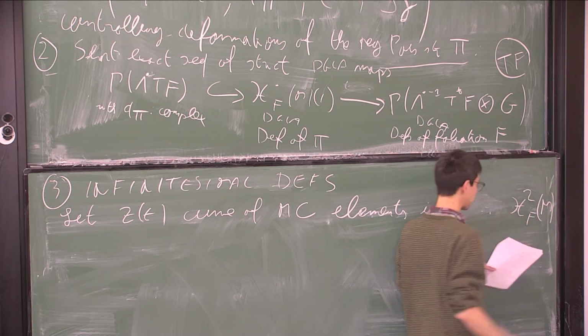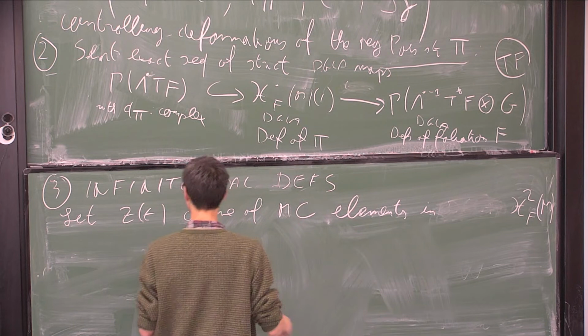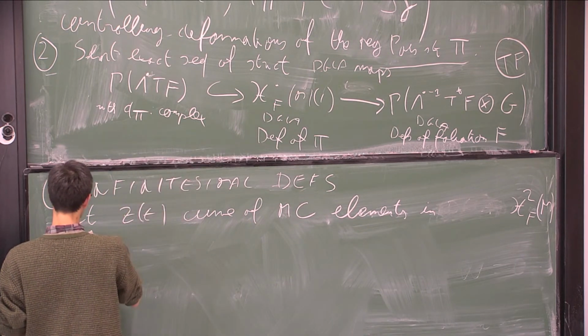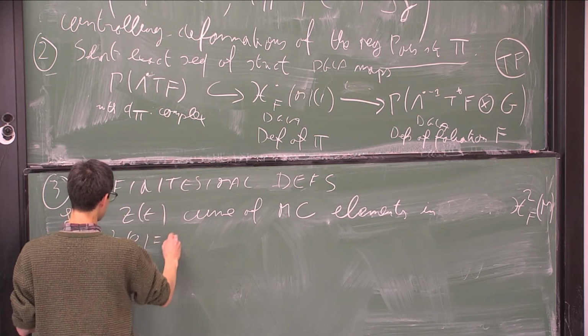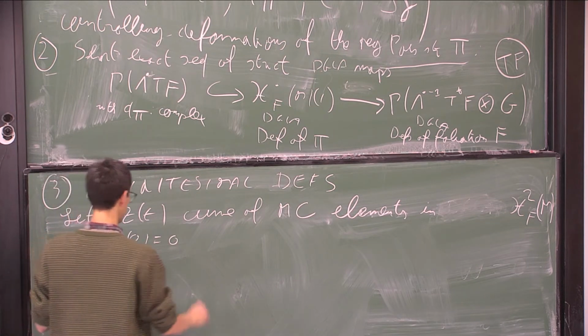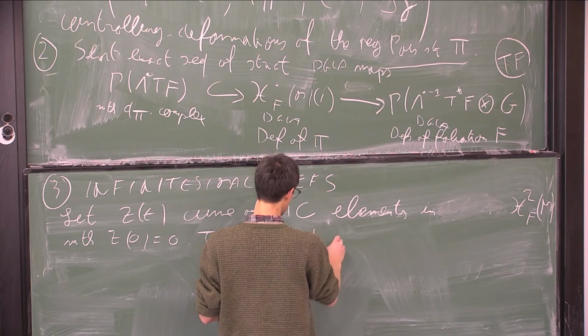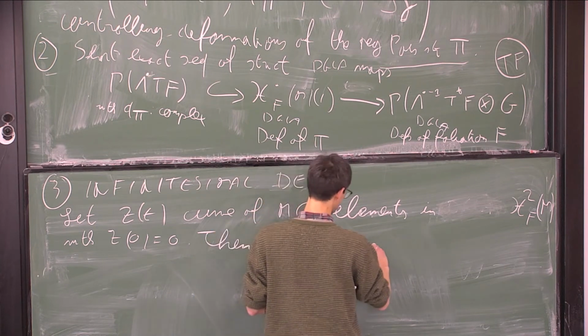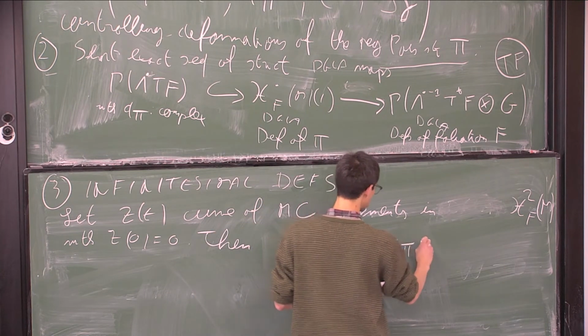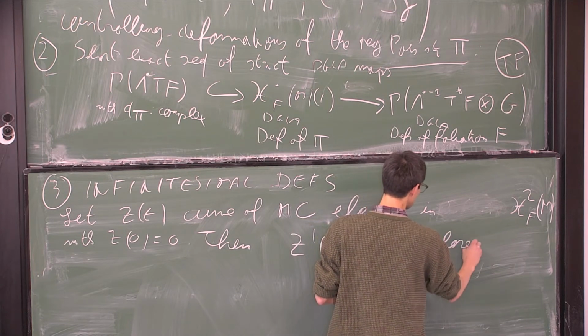So a path of bivector fields that satisfies the Maurer-Cartan equation, which goes to the origin, and then what can we say about the initial velocity? The initial velocity is closed with respect to the Poisson differential.